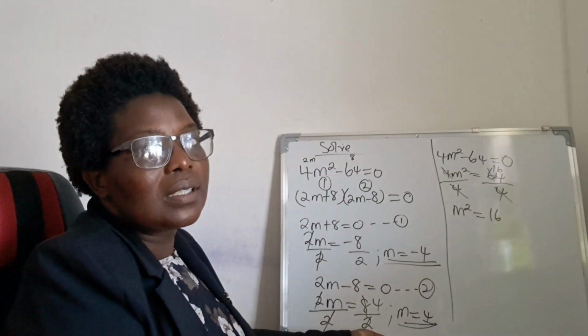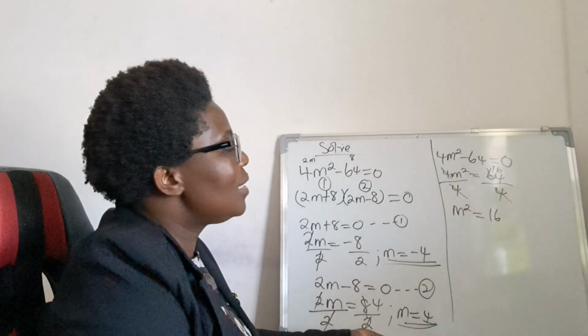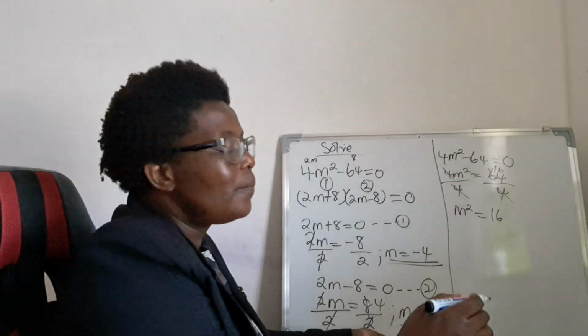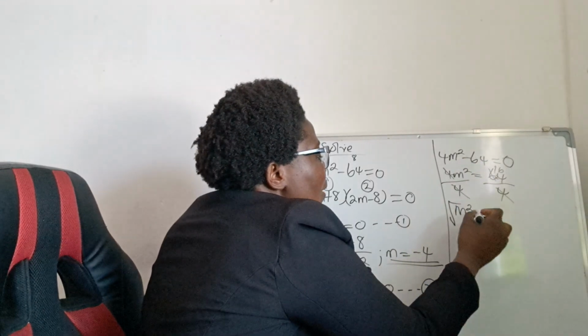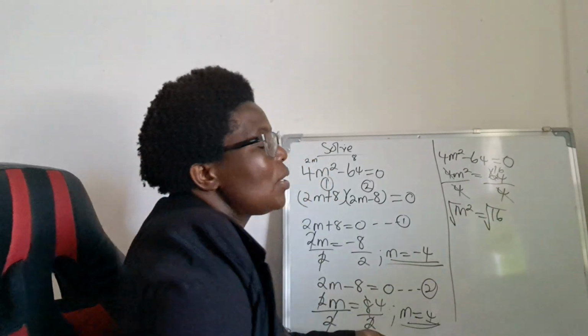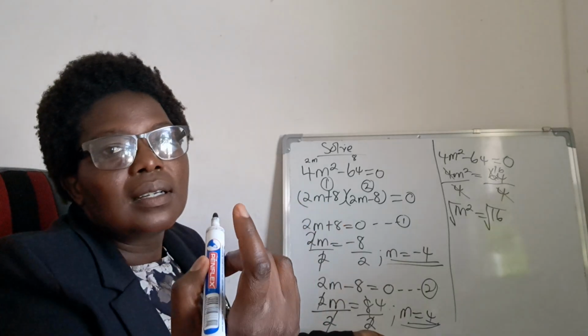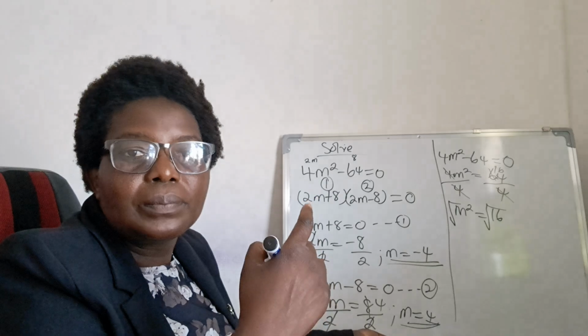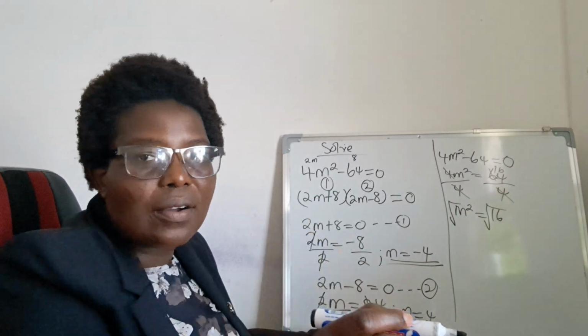And we all know that in order for you to get rid of the power 2, you can either root both sides or raise to the power half. So you can find the square root of both sides. Raising to a square root is the same as raising the number to the power of half.